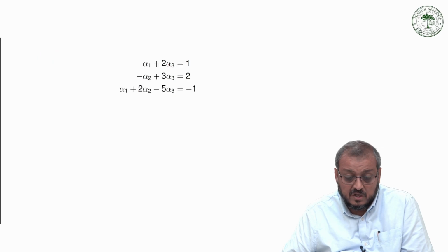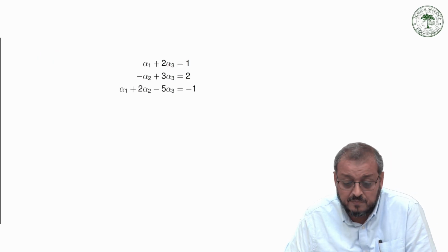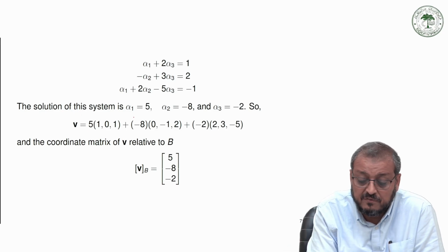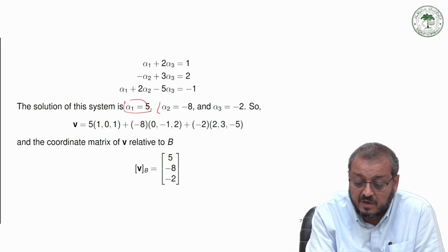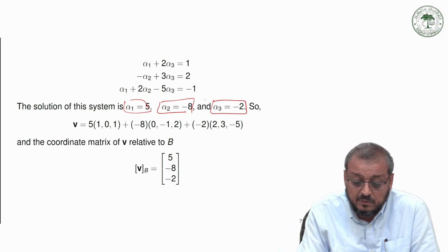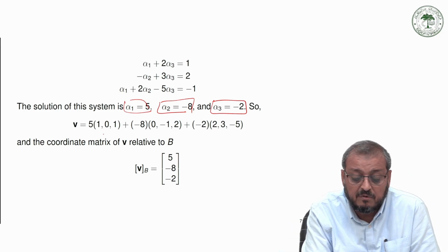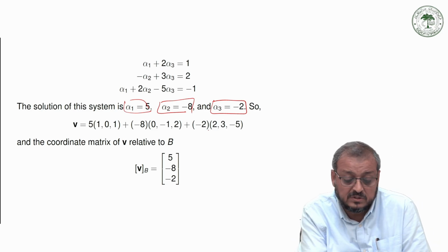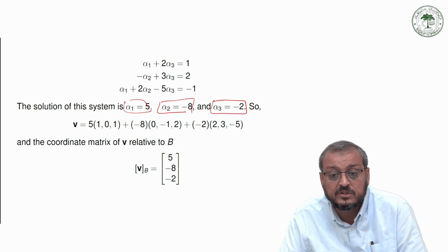So this way we can simplify this. Equating the coefficients in this form, we can say that alpha 1 is equal to 5, alpha 2 is equal to minus 8, alpha 3 is equal to 2. So it can be written in the form of 5, minus 8 and 2, and this can be represented in this form.